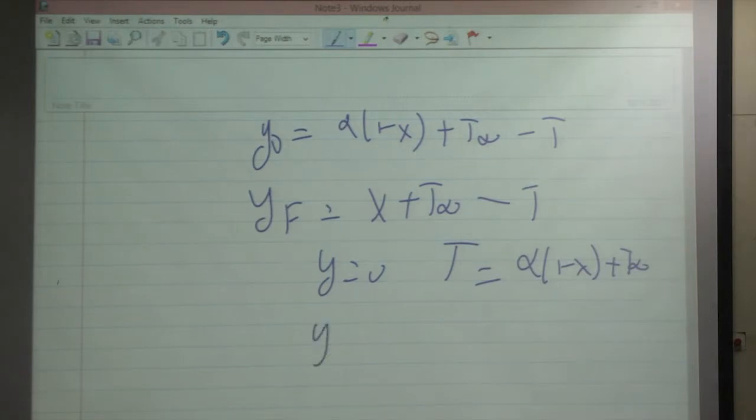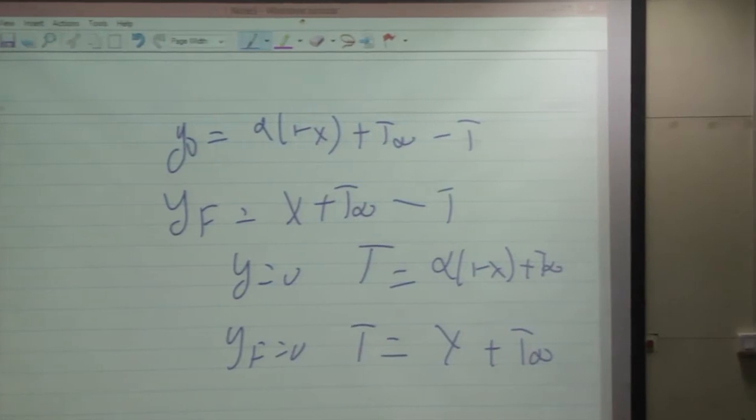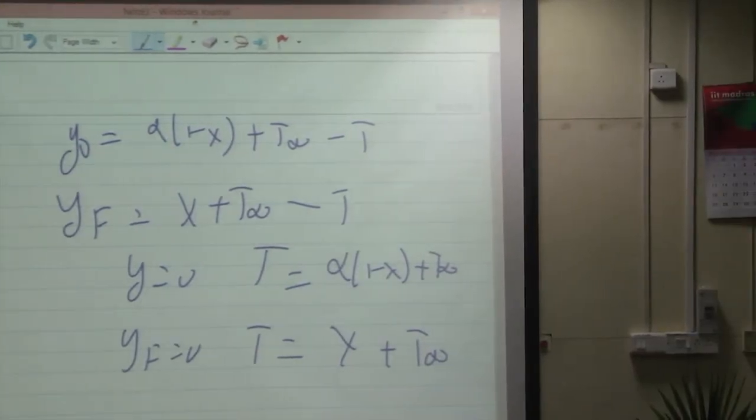In the regions where Y_F equals 0, the temperature T equals X plus T infinity.